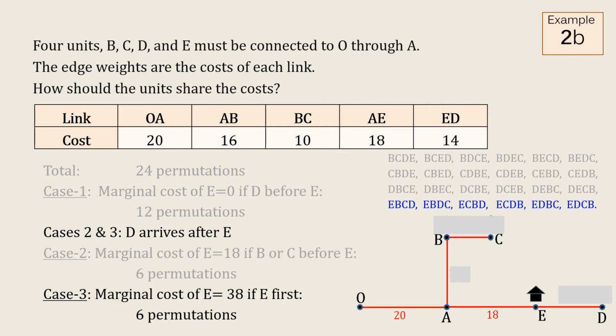Now, when at least one of these two units, B and C, is not present before the arrival of E, in that case, E has to pay this total cost, 38. And there are 6 such permutations.